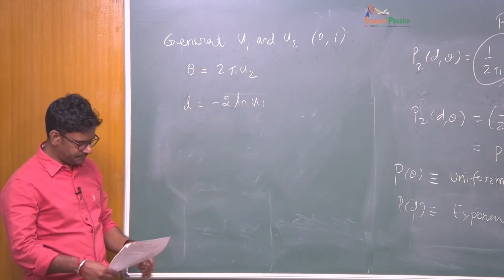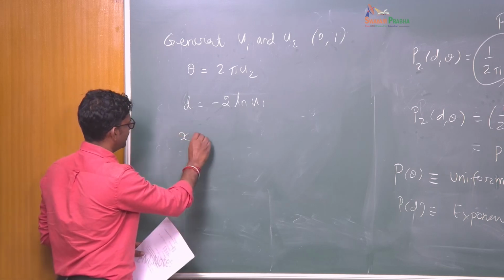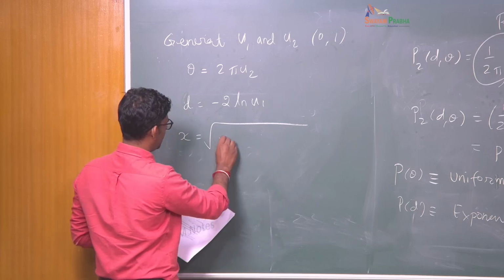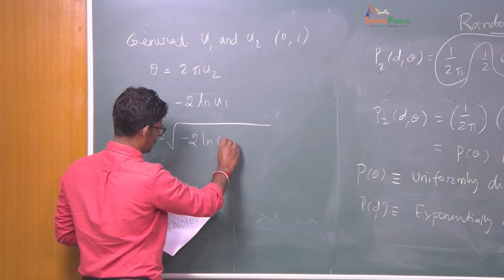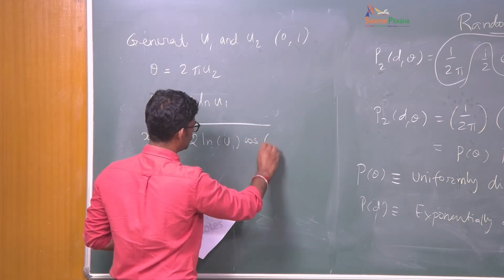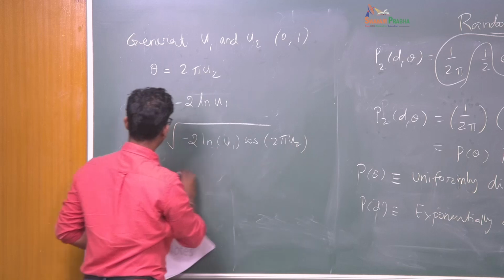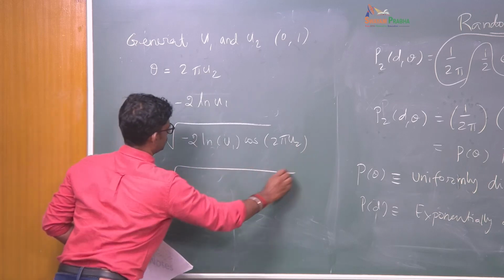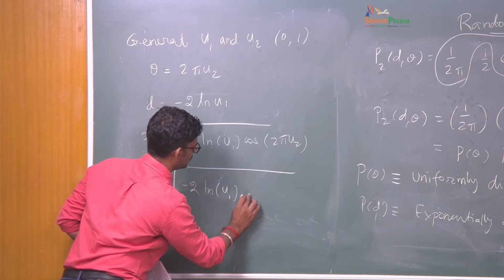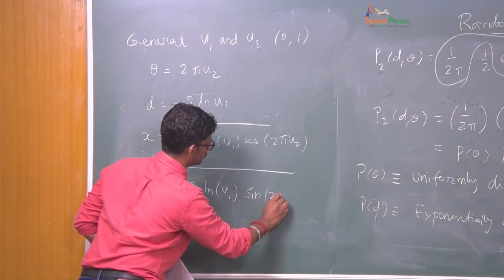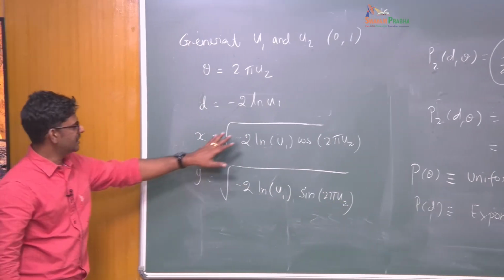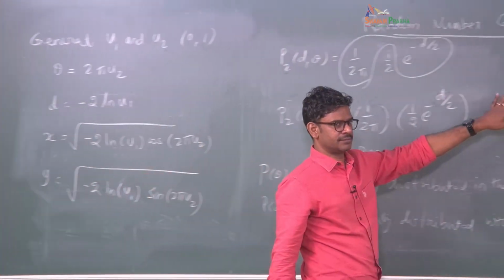After that we can get x equal to square root of minus 2 ln u1 times cos 2 pi u2, and y equal to square root of minus 2 ln u1 times sin 2 pi u2. So you would have produced x and y. This relationship comes right from here.